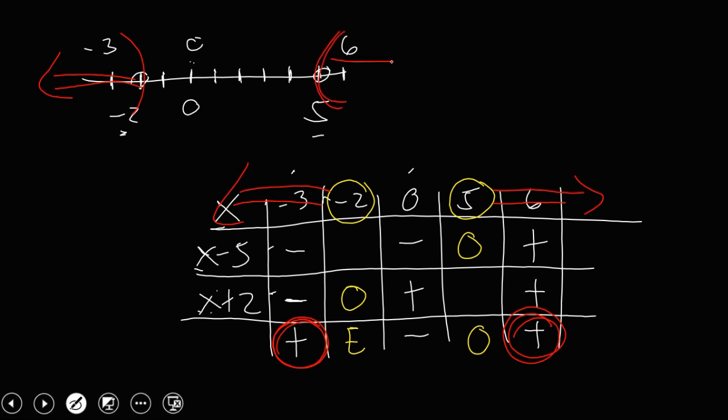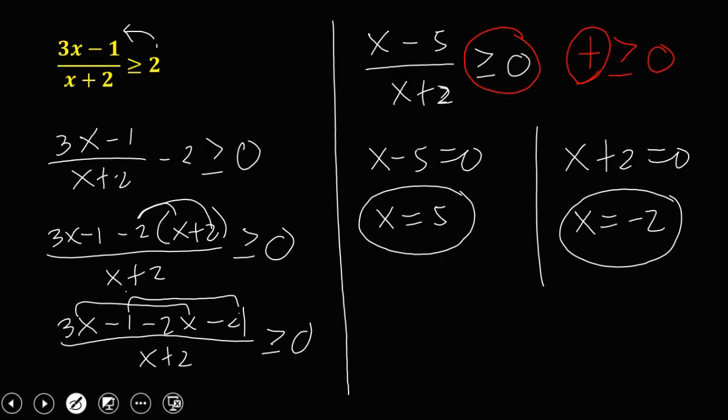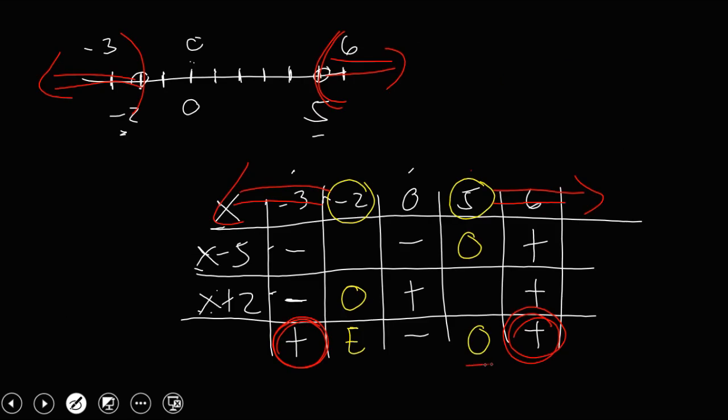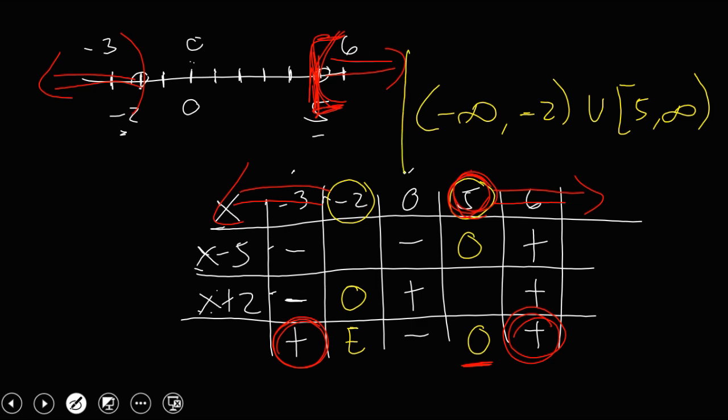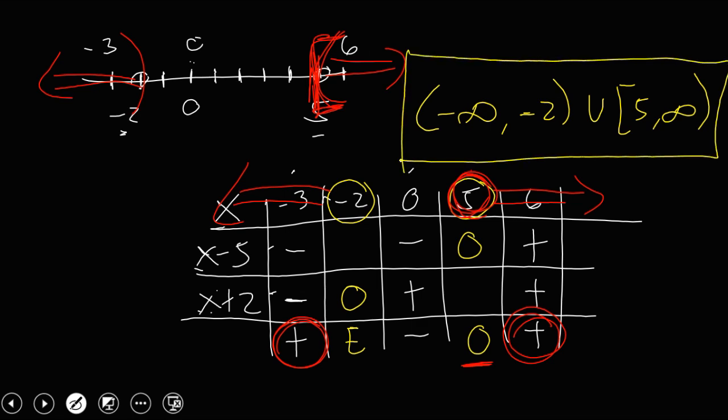But since we have equal to 0, and 5 gives 0, therefore this 5 is part of the solution. So this parenthesis becomes a square bracket. In interval notation now, from negative infinity to negative 2, union 5 to positive infinity. So this is the solution of this given.